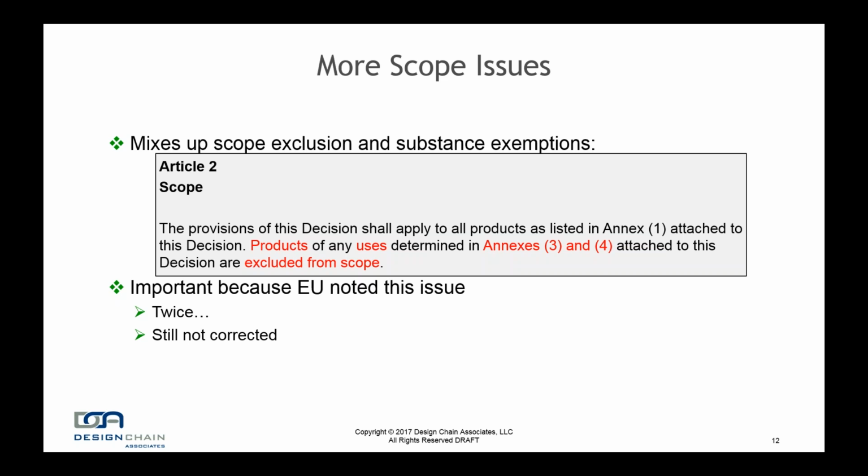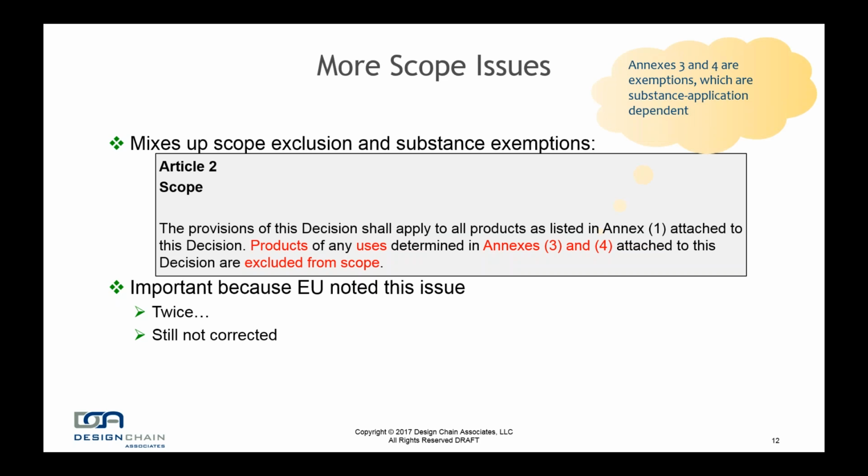It says the provisions of this decision shall apply to all products as listed in Annex 1, which you saw, attached to this decision. Products of any use as determined in Annexes 3 and 4 attached to this decision are excluded from scope. So, Annex 3 and 4 are exemptions, which I showed you. That's why I showed those to you before I got to this point.